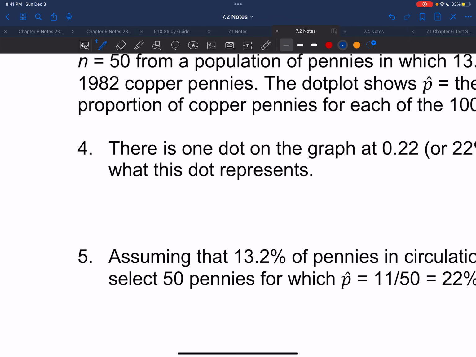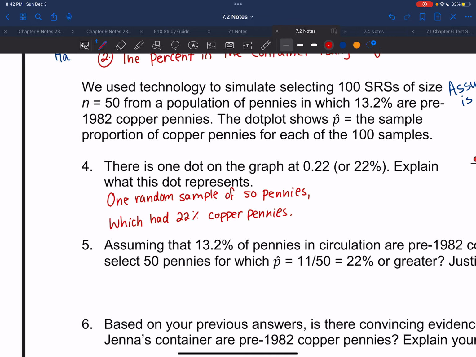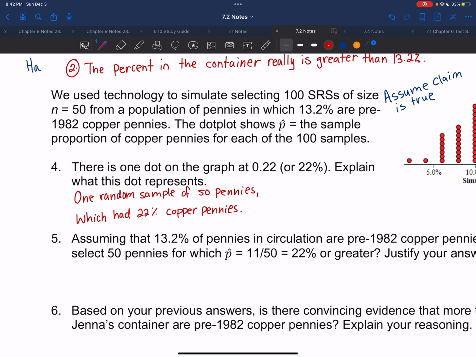Okay, so this just represents one random sample of 50 pennies, which had 22% copper pennies. So it's a random sample of 50 pennies where 22% of them were copper.